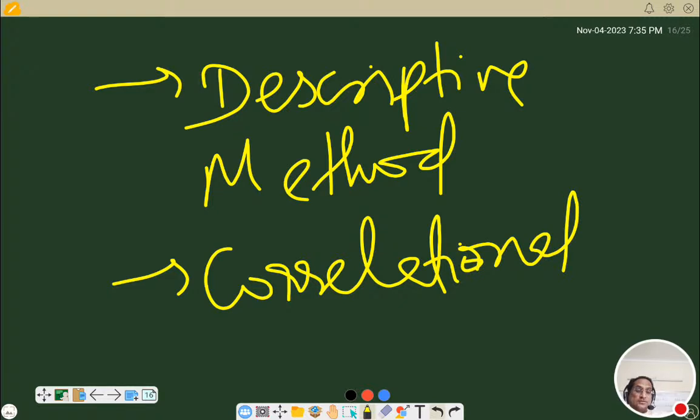What method will be used to collect the data is defined by research design.